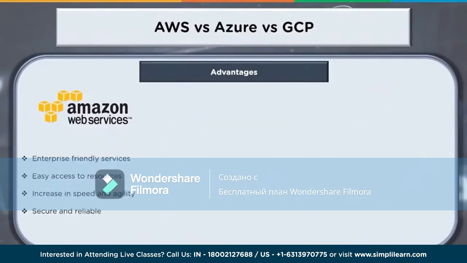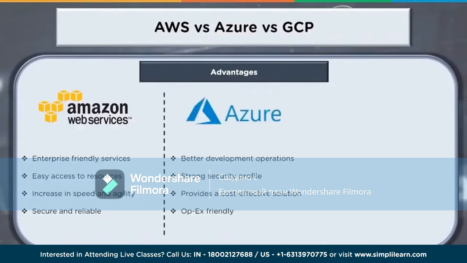When it comes to advantages, Amazon Web Services has enterprise-friendly services, easy access to resources, increase in speed and agility, and that too on demand, and it takes care of the security and reliability of the resources which are offered. When it comes to Azure, it has better development operations, a strong security profile, provides a lot of cost-effective solutions, and is operation execution friendly.